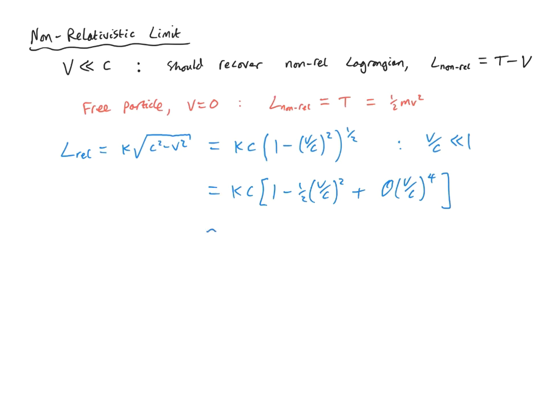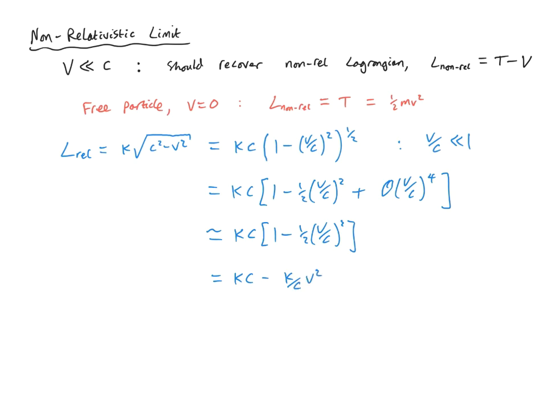And that means that I can write approximately that the relativistic Lagrangian can be written in the non-relativistic limit, v much less than c, as k times c into 1 minus a half (v upon c) squared. And if I just write that out, I get a constant term, k times c, and then minus k over c times v squared.